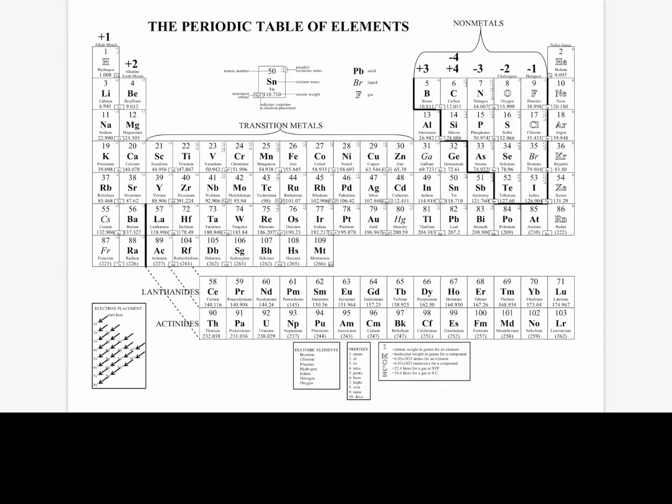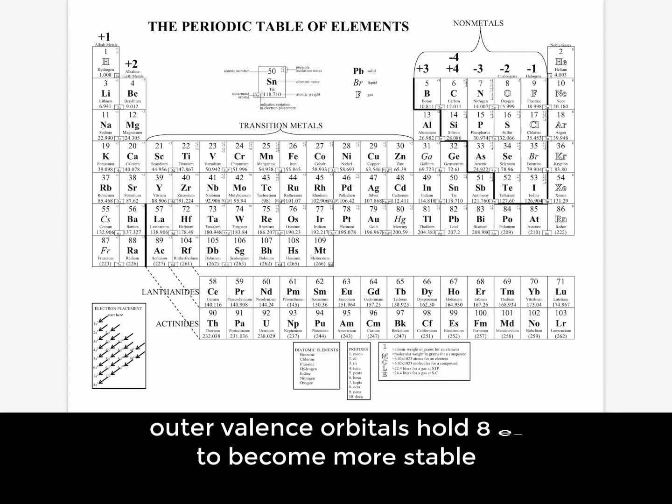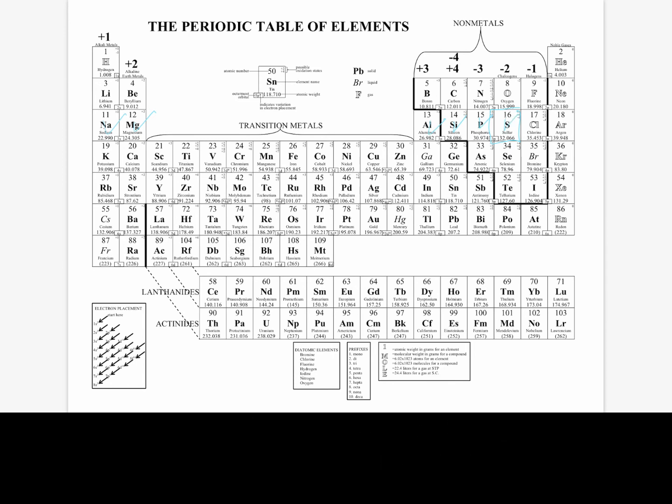Here's sulfur, which already has 1, 2, 3, 4, 5, 6 valence electrons. If it takes away 2, it would put 1 in this place and 1 in this place. These are just concepts of space.